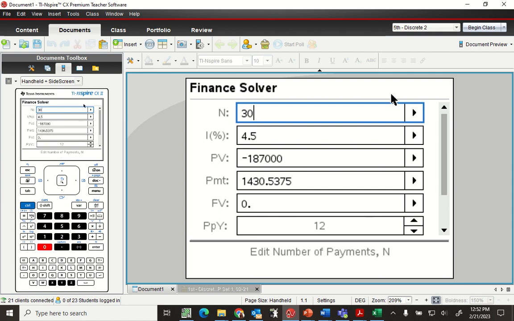So 30 times 12, because that's how many payments I'm going to make. My interest rate is 4.5. Okay, so right here, it's going to be a negative 277.